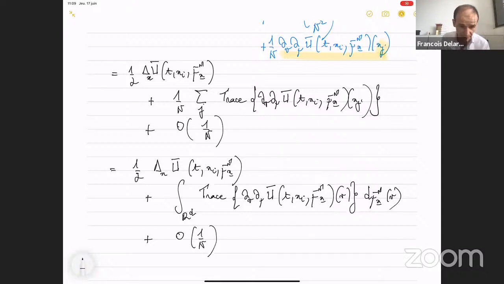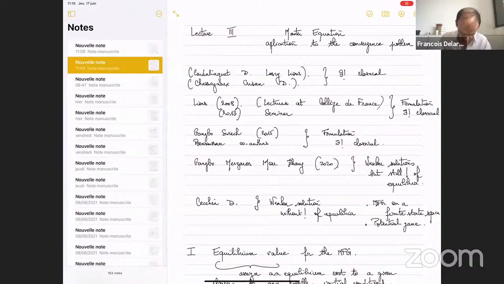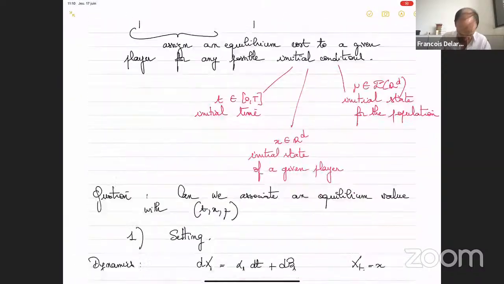And now I do the same thing as the one I did for the term C. I compared this with what I have in the master equation that we wrote down yesterday, and then you realize that it should be the same. This is exactly what we had.